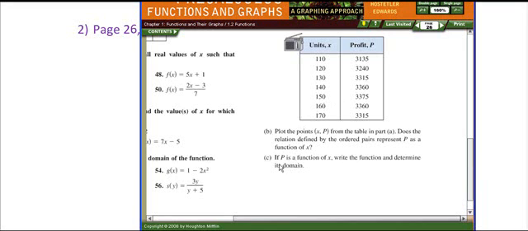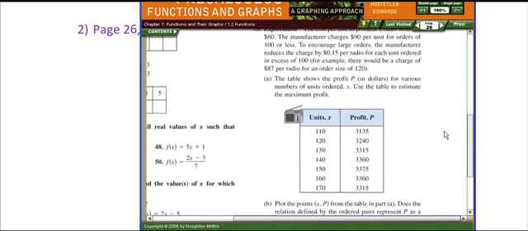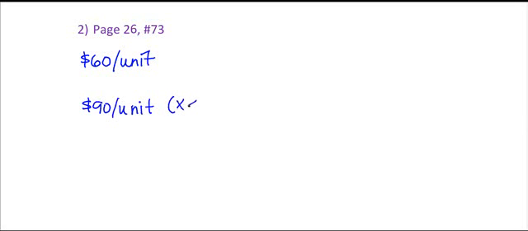Now if P is a function of x, write the function and determine its domain. Well, this is where we need to go back and look at what was given to us initially. And let me just make some notes here on our page. We know that the cost to produce them was $60 per unit. And then the manufacturer sold them for $90 per unit for orders of 100 or less.